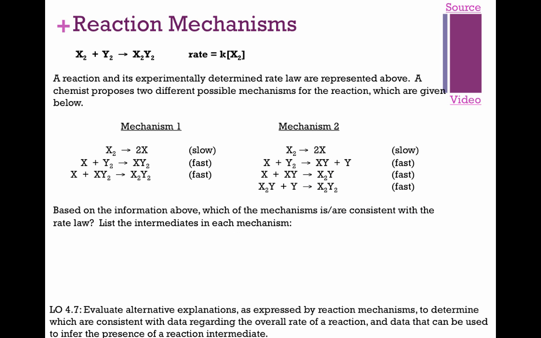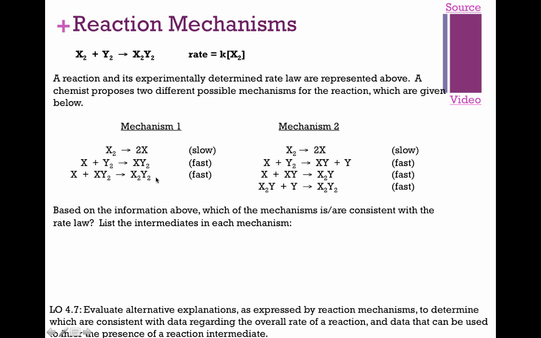And then looking at reaction mechanisms. So reaction mechanisms are just multi-step. And so this example says a reaction and its rate law are represented above. So here's the overall reaction, and here's the rate law. A chemist proposes two different possible mechanisms, which are given below.